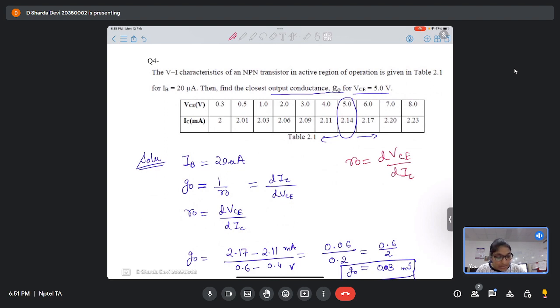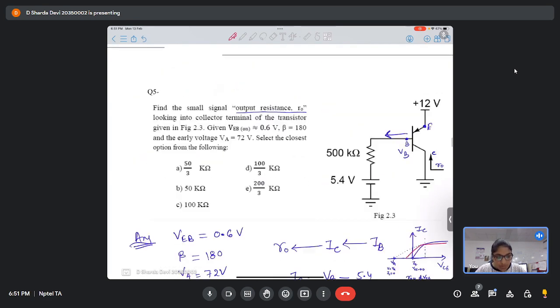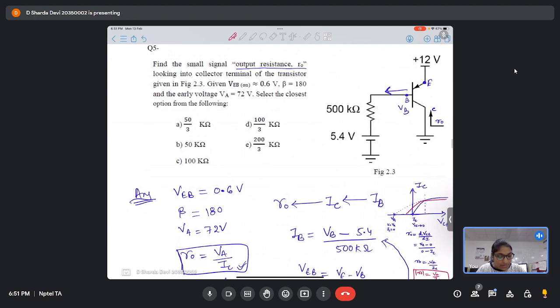And here, since I have different values of VC as well as IC, I can simply take the differences and divide them, right? But in this problem, can you find different values of VC? Can you do that? Exactly. That is why we are considering known points. Yes, right. I got it.